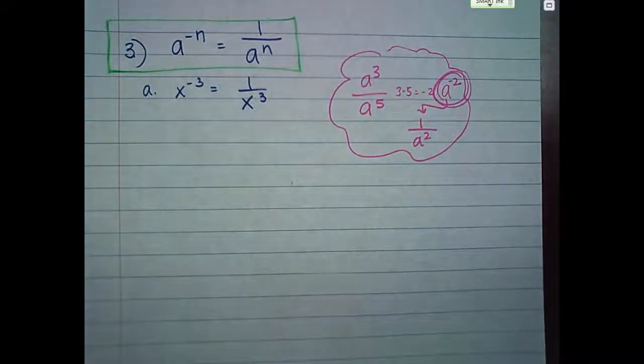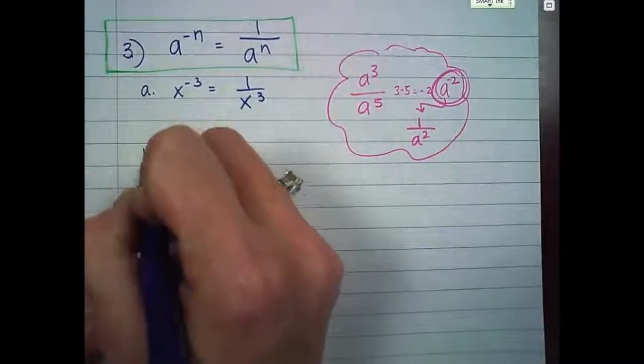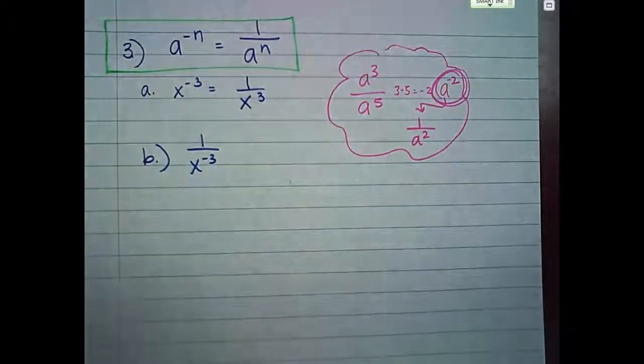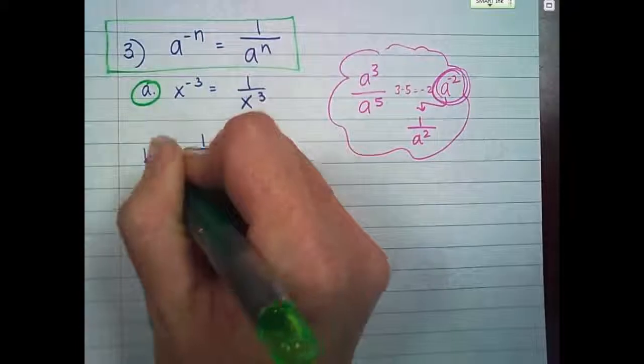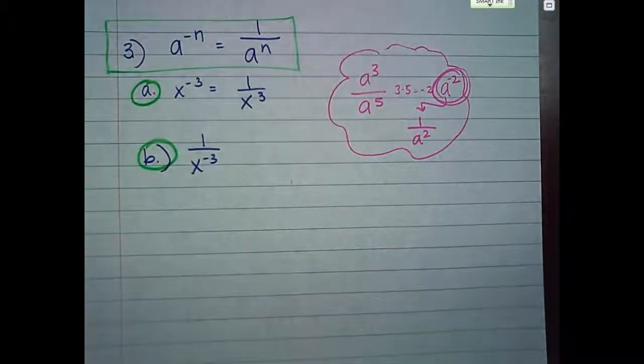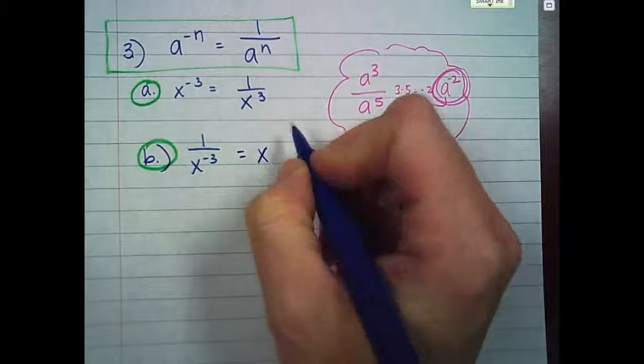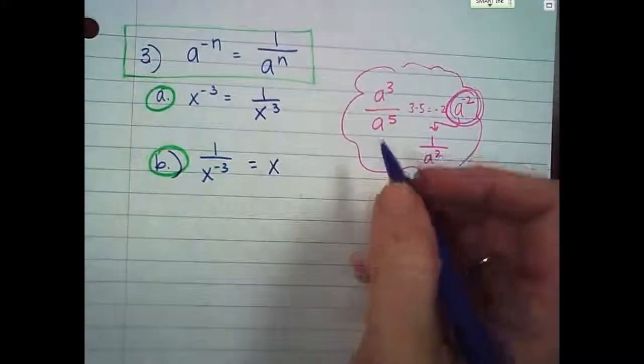Okay? So on the other side of that, what if I gave you 1 over x to the negative 3? What if I put your negative in the denominator? What do you think is going to happen? Yep, it's going to go to the top. So it's actually x to the 3rd. It pushes to the top.